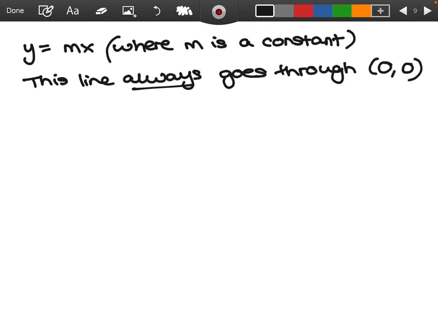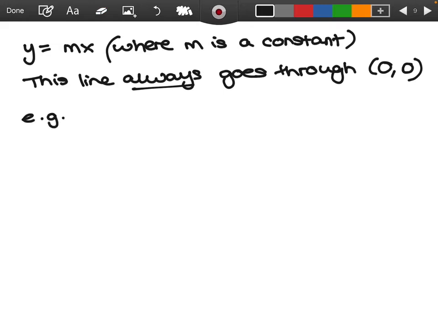Okay, it will always go through 0, 0. That's because regardless of what m is, 0, 0 is always satisfied. So x is equal to 0, y is equal to 0 means that my left and right hand sides of my equation are always the same. Okay, so this equation is always satisfied by the point 0, 0, which means it must lie on the line.